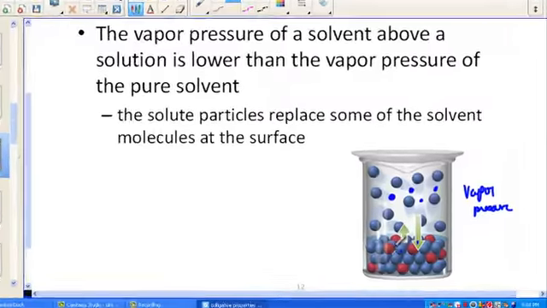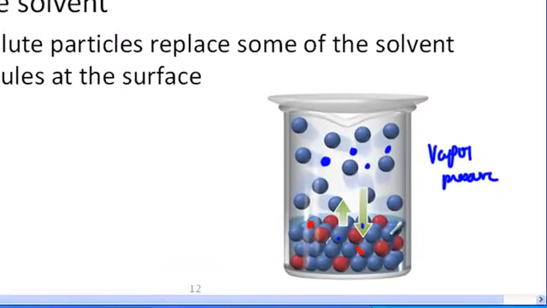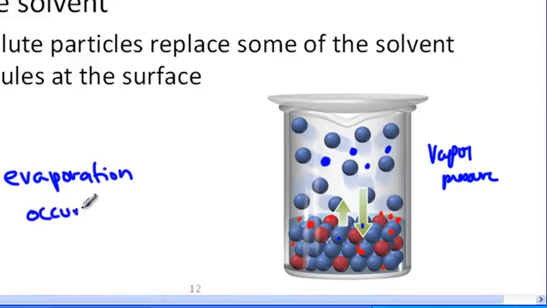But what if we open the lid and we start adding more and more red particles into our solution? If we add more and more red particles called solute, we start to create this competition to be at the surface of the liquid here. And remember, evaporation occurs at the surface only.